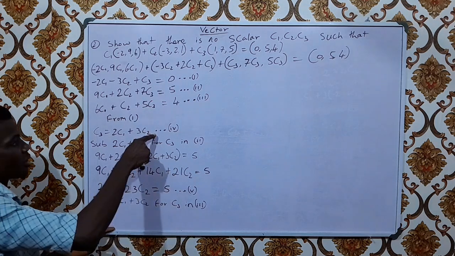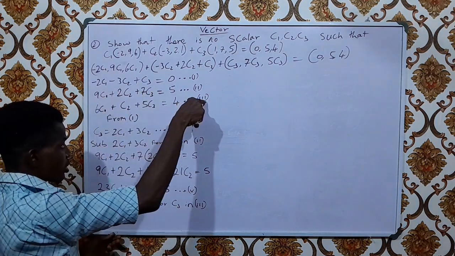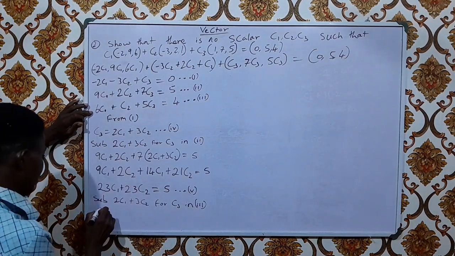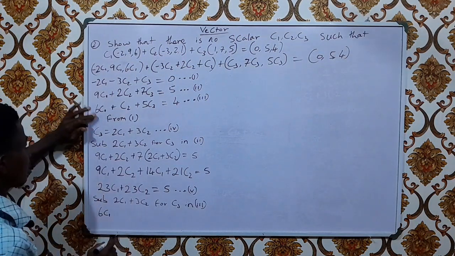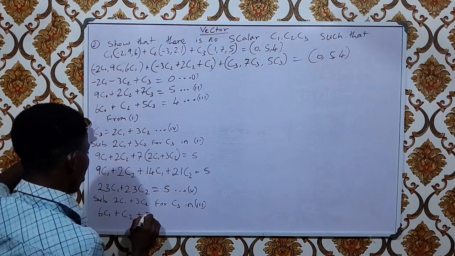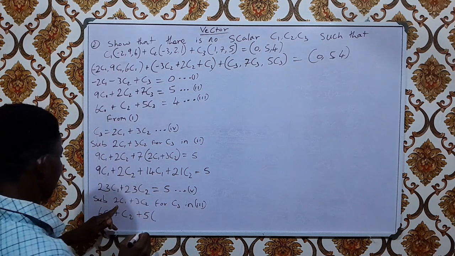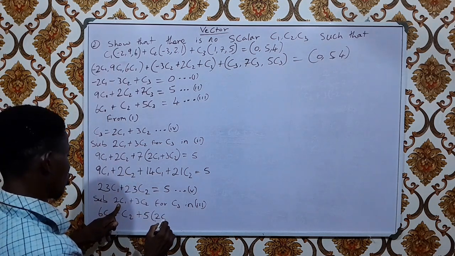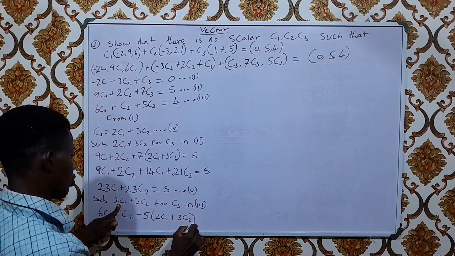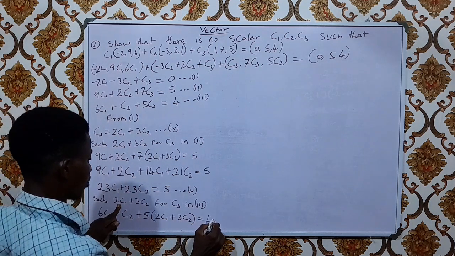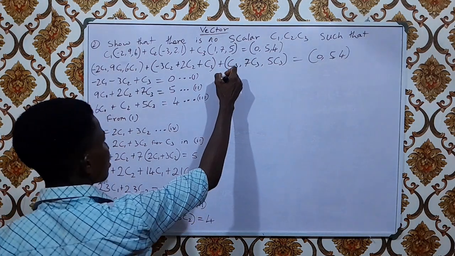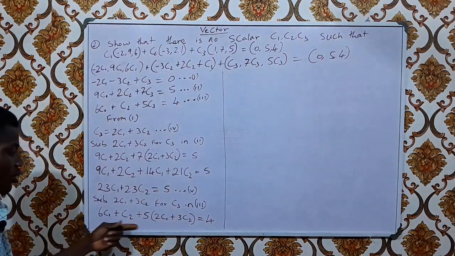Now we are putting this in equation 3 and see what we're going to have. So we have 6C1 plus C2 plus 5, open bracket, 2C1 plus 3C2, close, equals 4. We open this bracket.